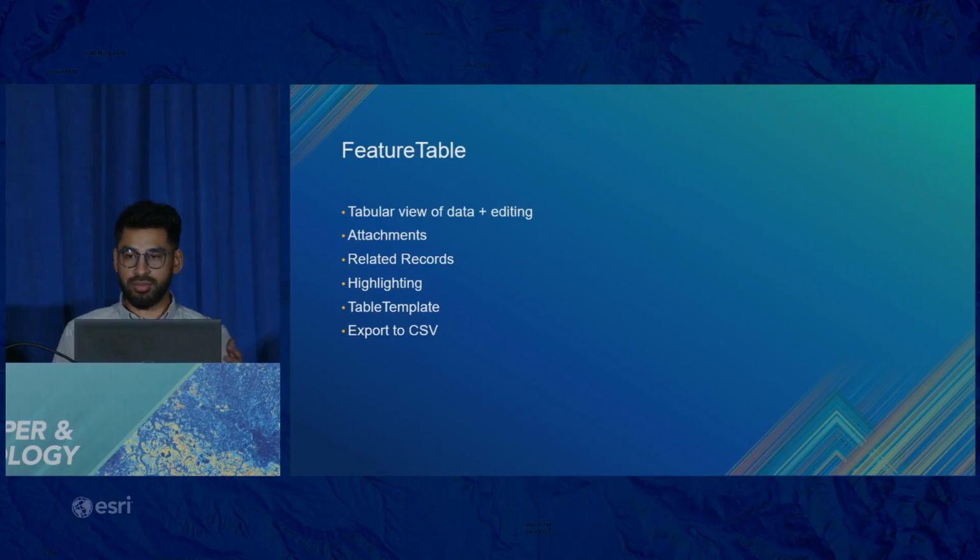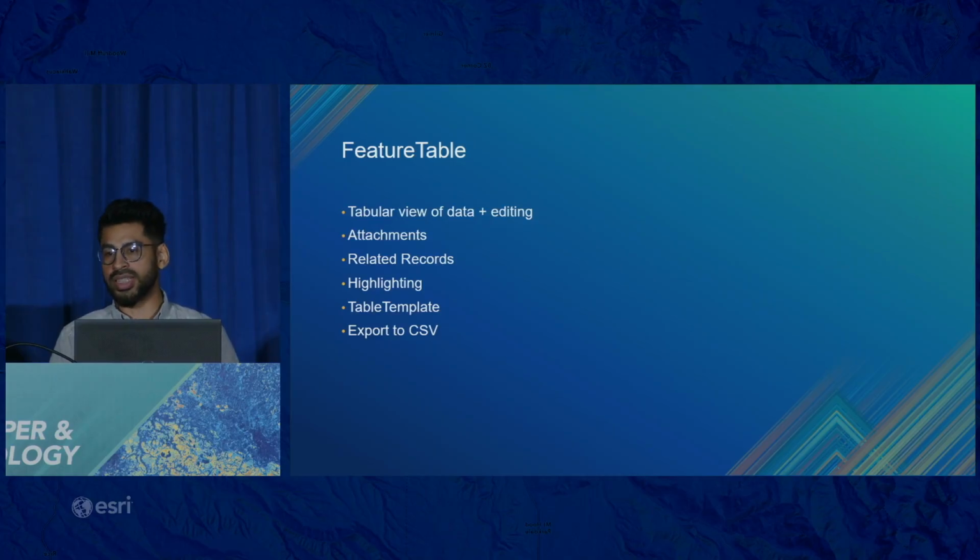The feature table provides a tabular view of your data that you can just view or edit. It supports basic adding, updating, and deleting of your records. New within the last couple of releases was support for attachments and related records, as well as highlighting. I'll show examples of all this.